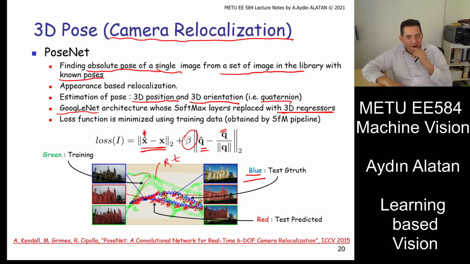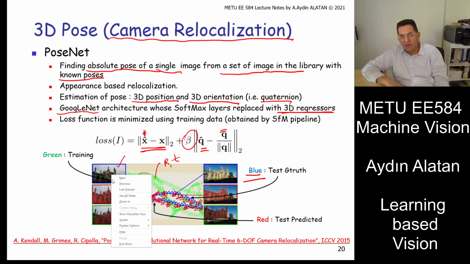Okay, therefore, for example, these are typical data, which is the test ground truth, which is something you can see in the training set. We have this one, and the estimated pose for this one is equal to this. Similarly here.